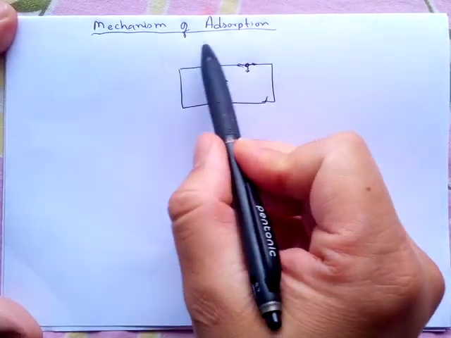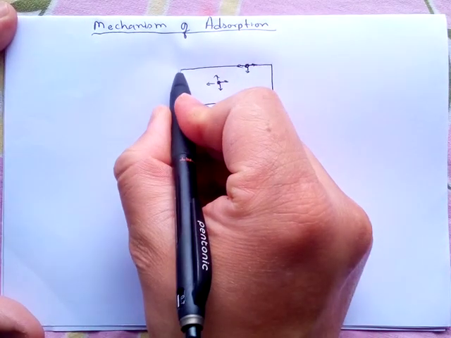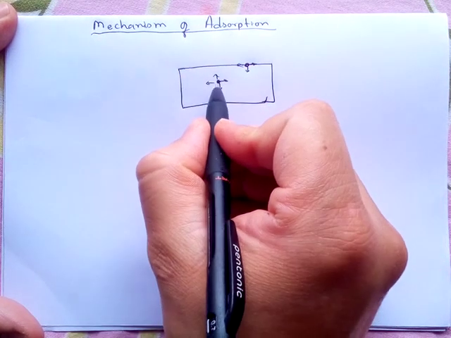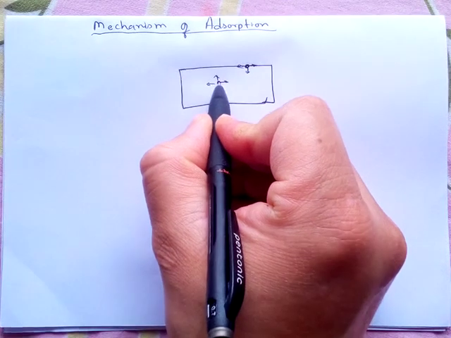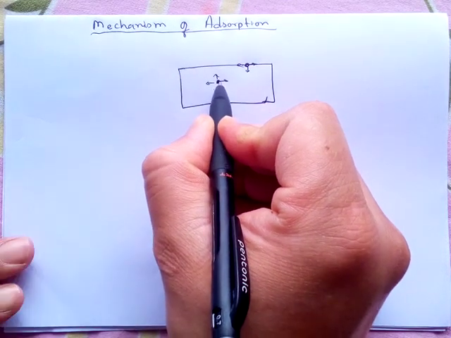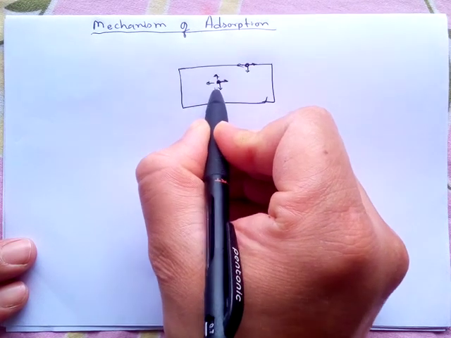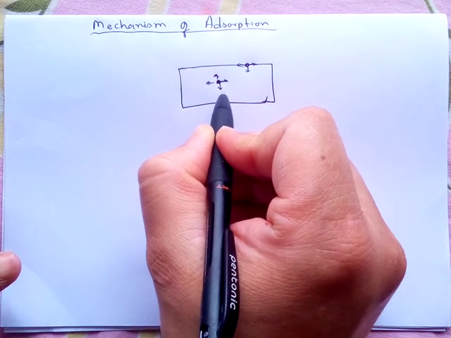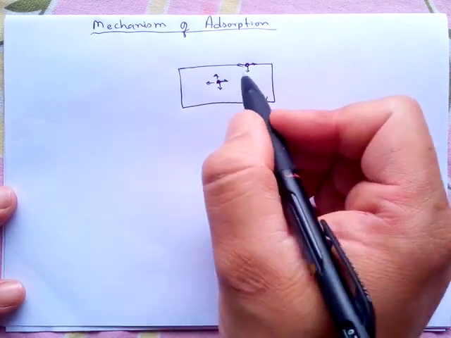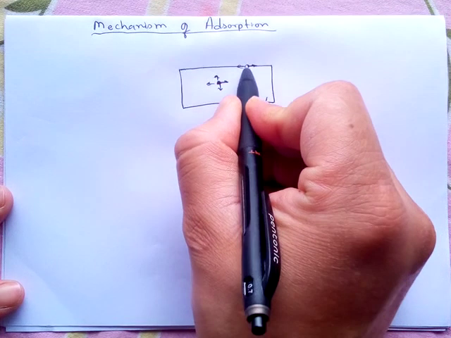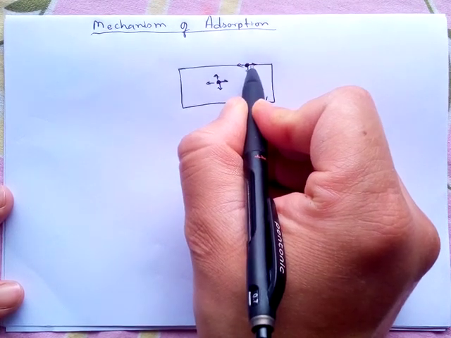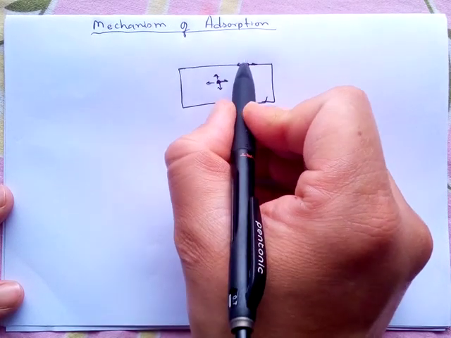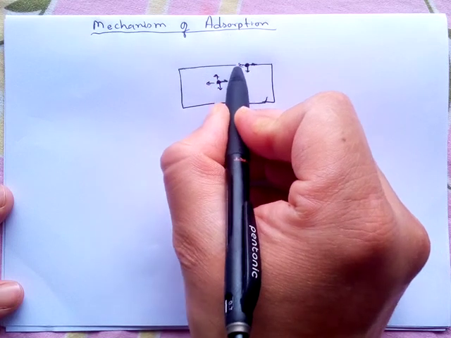Now we'll discuss the mechanism of adsorption. Suppose we take a piece of iron block. The iron particle present inside the bulk is attracted from all the sides, all these four sides plus above and below, so it's the 6 sides, right? So they are in a state of equilibrium, whereas the particles present at the surface are attracted from the sides and also from below, but there is no particle above the surface, right?